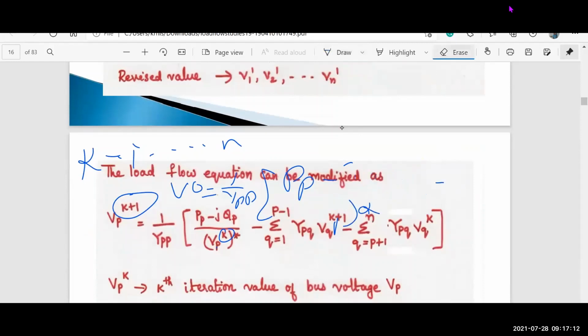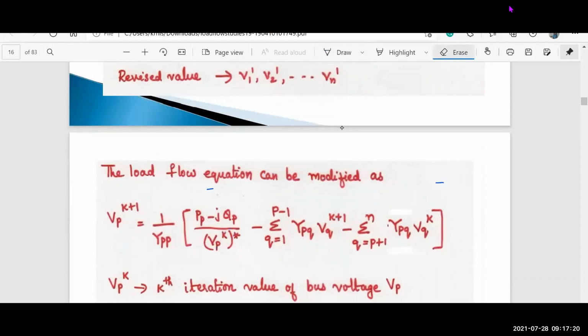So on the revised segment, on the iterative part, we'll get one symbol, this. The initial calculation was V0. Now the second, we'll write VP0. The second one would be your VP0 plus 1, and the next iteration would be your VP1 plus 1.